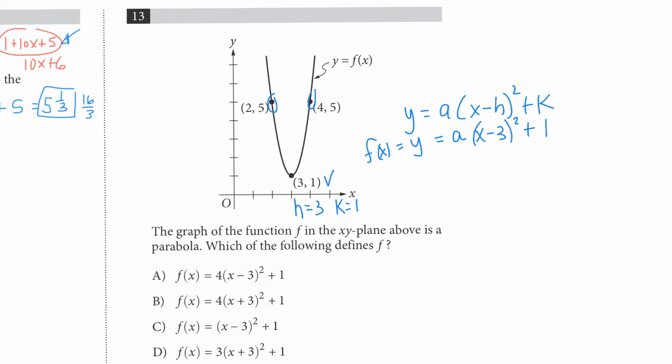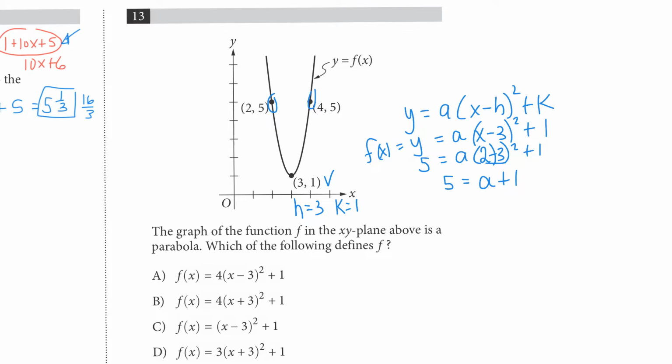So when x is 2, y would be 5. And this way we could find out what a is. And this would be, when x is 2, 2 minus 3 squared plus 1. 2 minus 3 is negative 1, squared is 1. So you're going to have 1, that's just a plus 1 is 5. So that means that a should be 4.